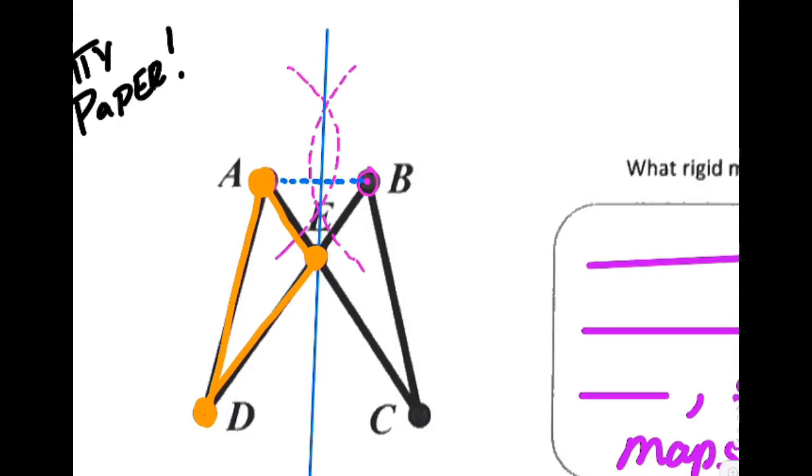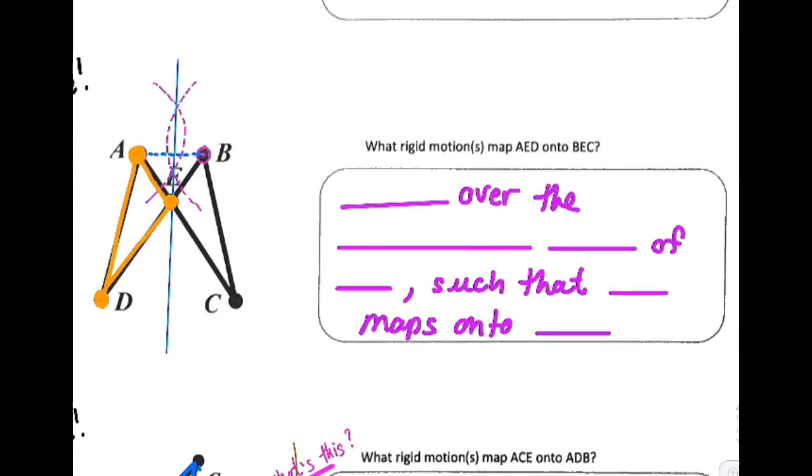And this one, I gave you the sneak preview of this picture yesterday in class. You are reflecting it because we know we have to get point A onto point B. And the only way to do that is to reflect. So we are going to reflect triangle AED over this thing right here, which you decided yesterday was called the perpendicular bisector of AB, or you could say the perpendicular bisector of DC.